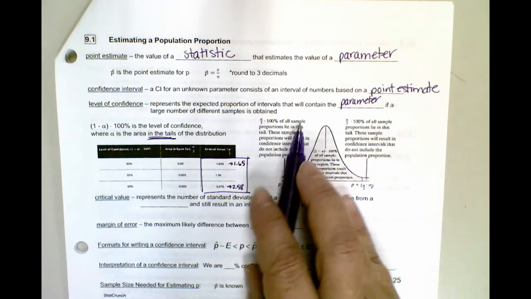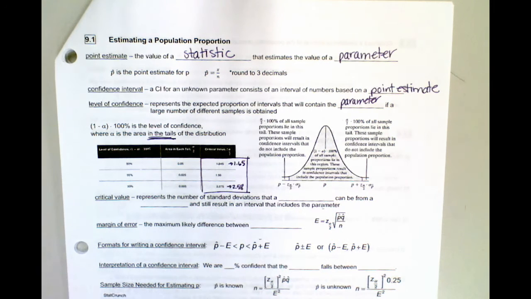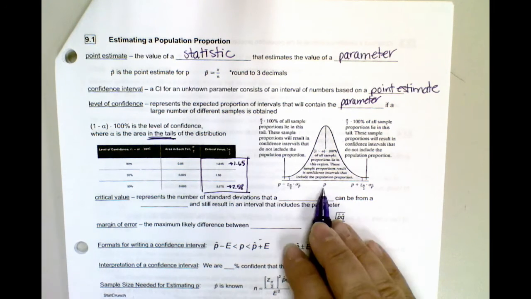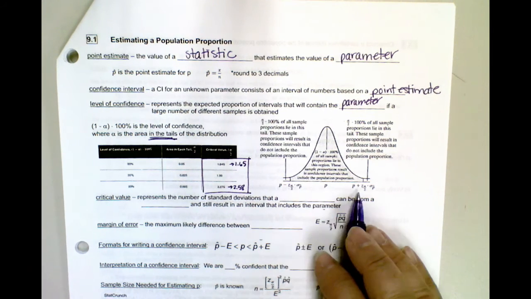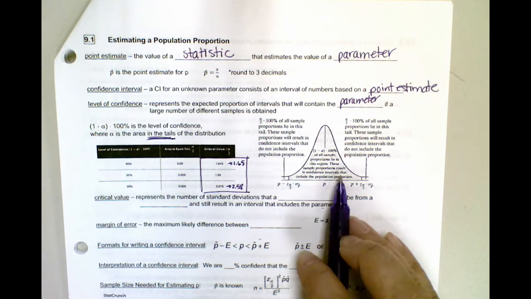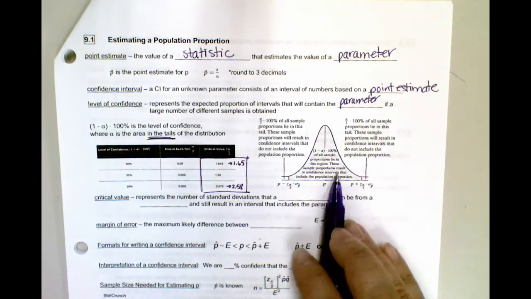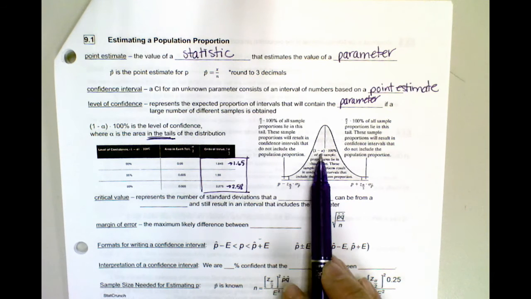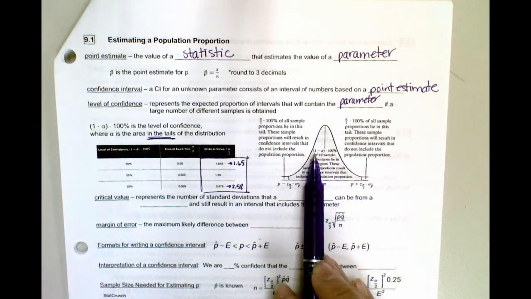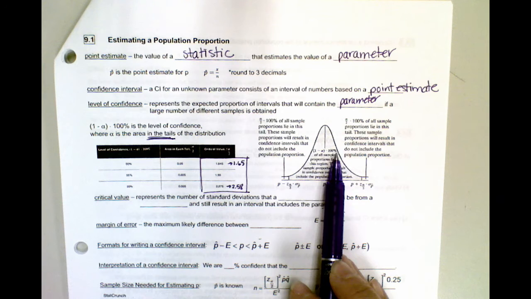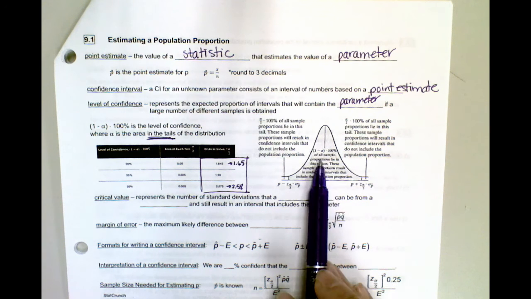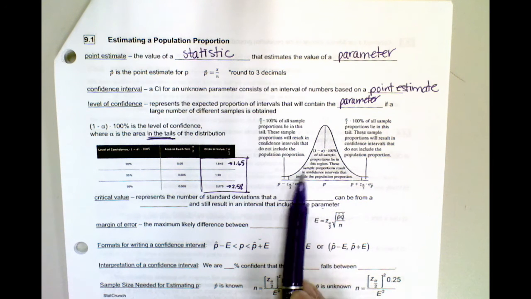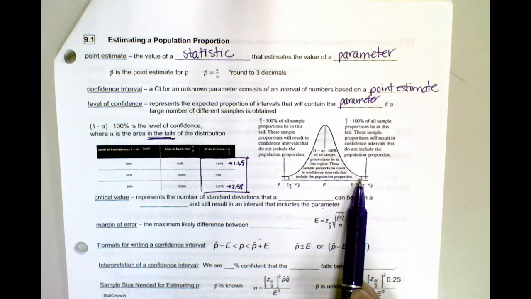So I took this graphic to kind of help explain. Our population proportion is what is in the middle. And we are basically trying to decide how confident we are in the results. So whatever our confidence level is, so 1 minus alpha times 100%, that percent of all sample proportions lie in the shaded region in the middle.